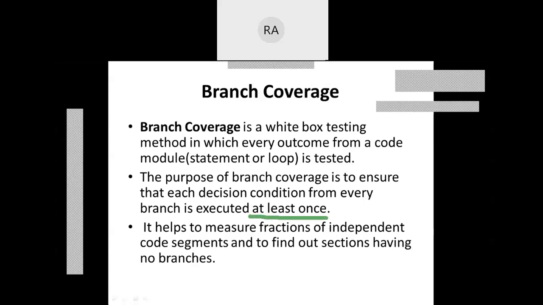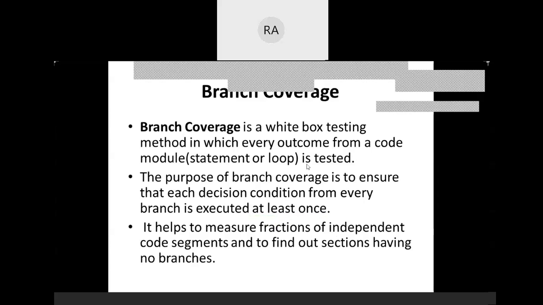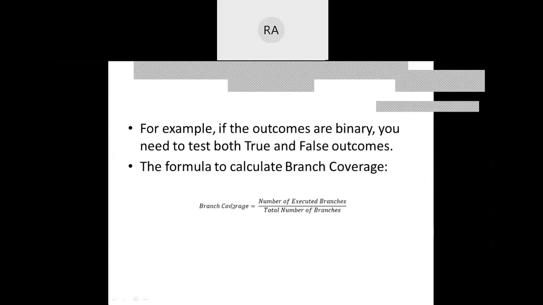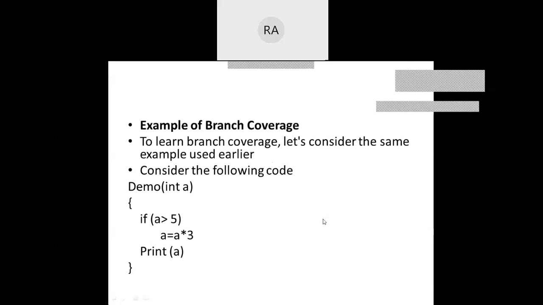After that, we looked into one simple example of how to measure branch coverage. We measure it using a formula: number of executed branches divided by total number of branches. We considered the same example as the previous one used for computing decision coverage.